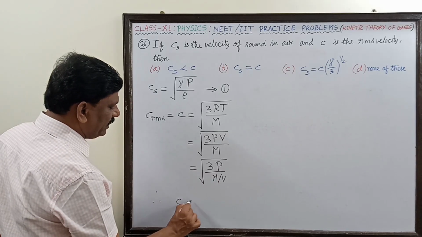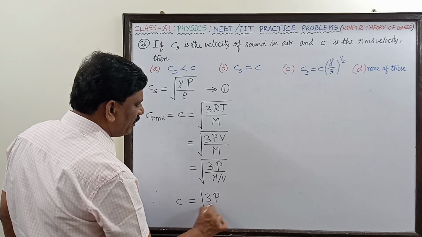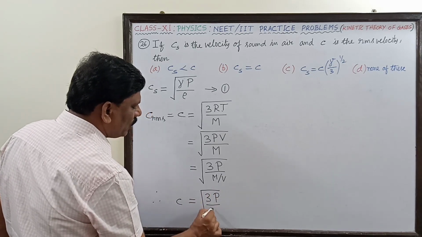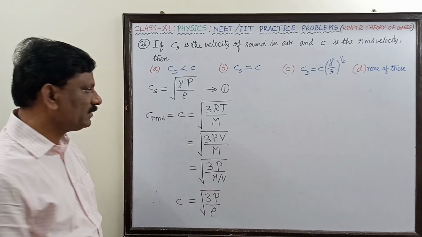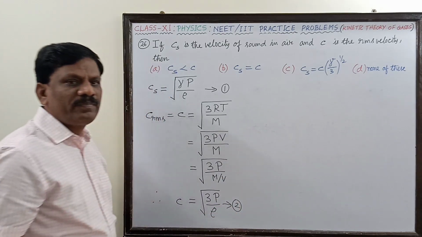Therefore now C is equal to square root of 3P by rho. So this I will call equation 2.